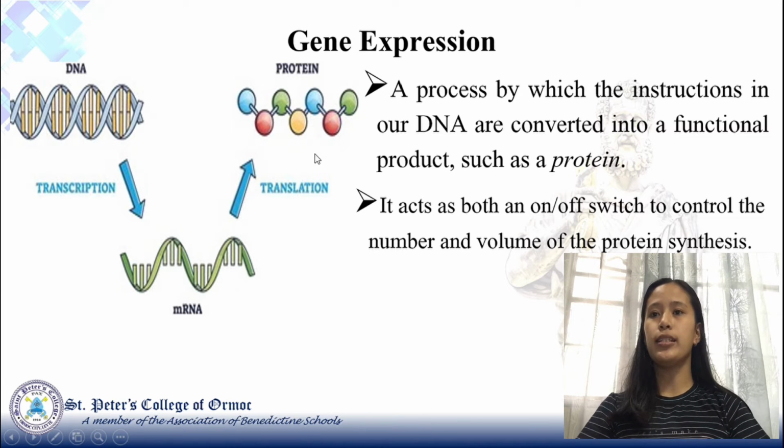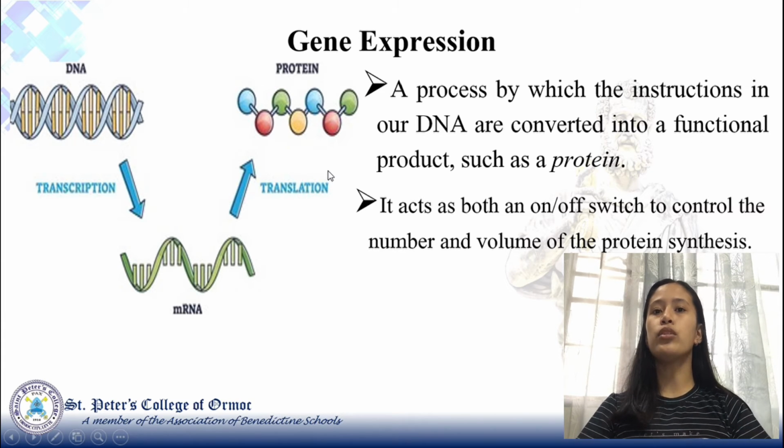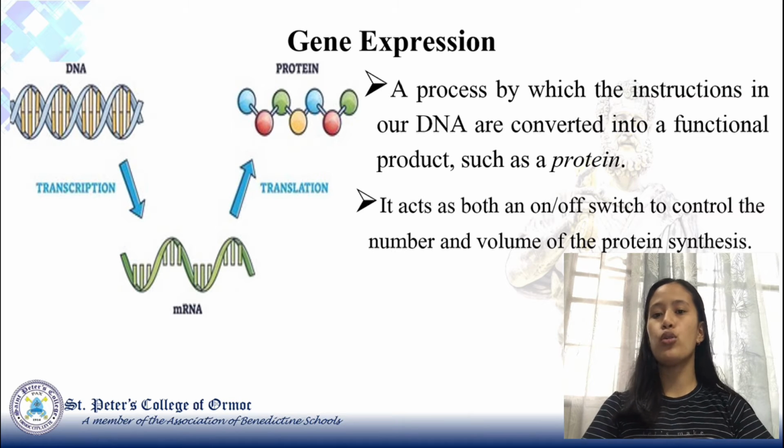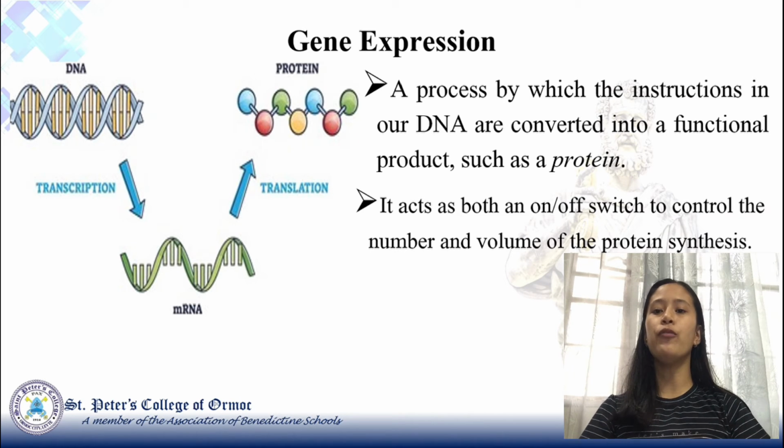Remember that proteins are large, complex molecules that play many critical roles in our body. They do most of the work in cells and are required for the structure, function, and even the regulation of the body's tissues and organs.